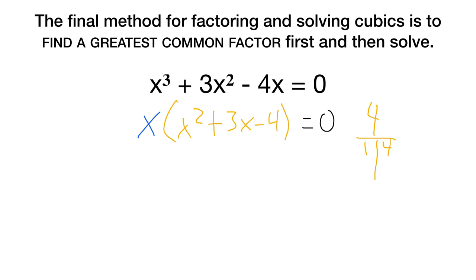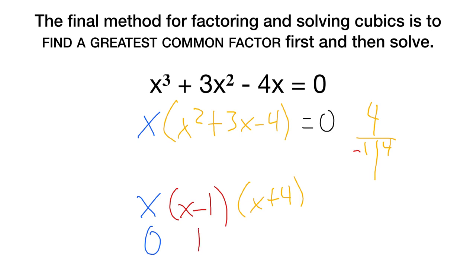And the negative has to be the 1. Meaning this becomes x times x minus 1 times x plus 4, meaning our zeros are 0, 1, and negative 4.